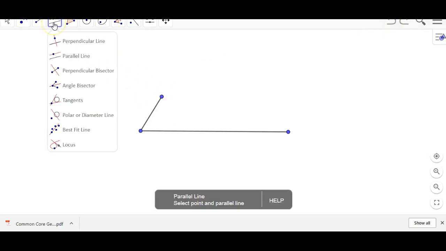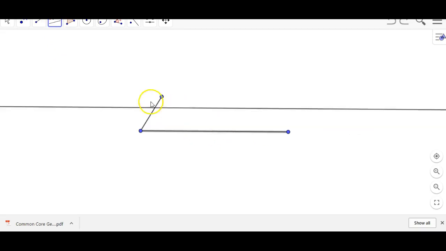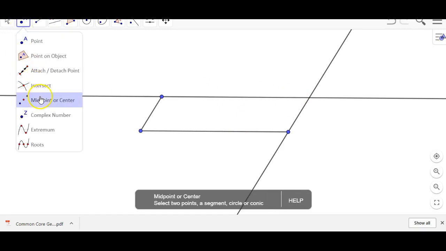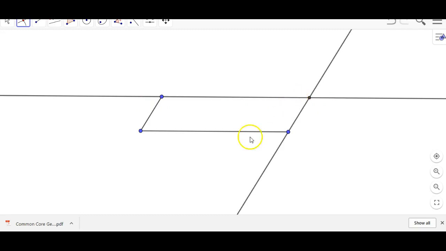And let's get going on this parallel line thing again. Alright, let's say I want to be parallel to this line and go through that point. So now these two lines are parallel and these lines are parallel. And now I just got to get my intersection tool here to find out where those two lines meet.